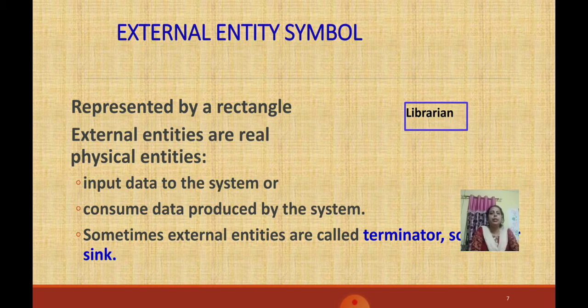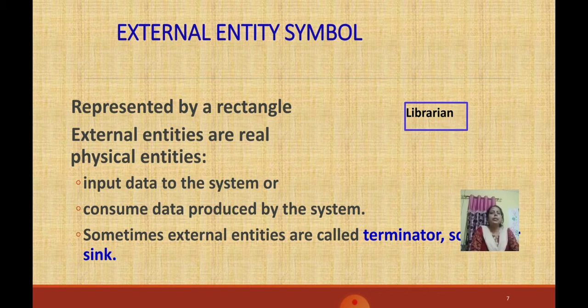Sometimes external entities are called terminator, source or sink. Actually, external entities are real world or physical entities like librarian, member, student.